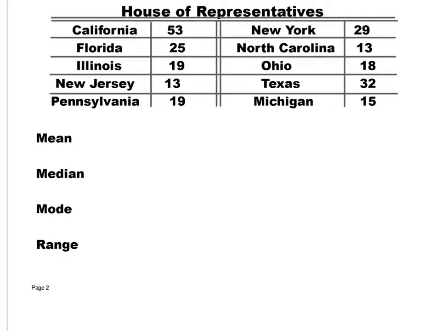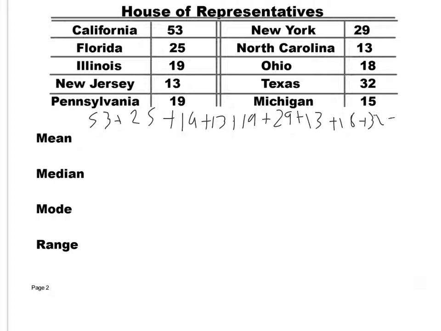All right, here's just a list of states with how many representatives they have for each state. If I want to find the mean, what I do is I just add up each number. So I add 53 to 25 to 19 to 13 to 19 to 29, to 13 again, 18, 32, to 30, to 15.